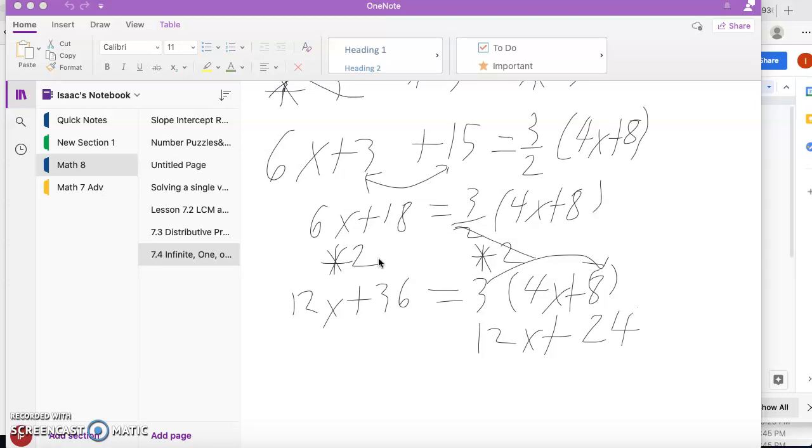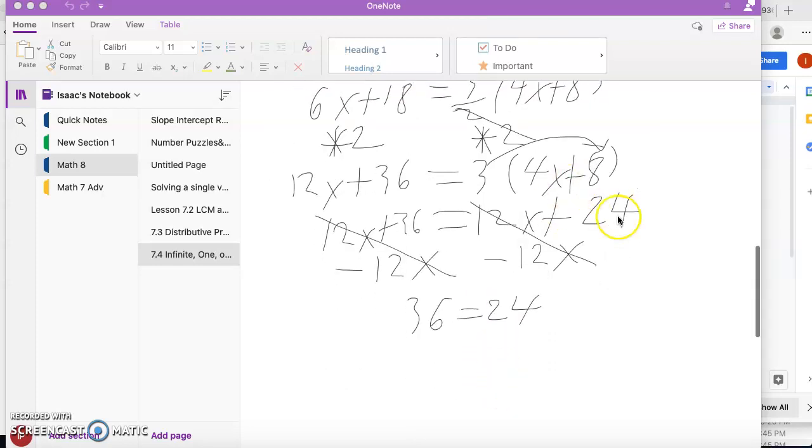So now I have 12x plus 36 equals 12x plus 24. Oh, and hey, thankfully I can quickly get rid of this 12x over here. So I'm going to say minus 12x to get rid of that 12x, and minus this 12x to get rid of that one. And I'll be left with 36 equals 24.